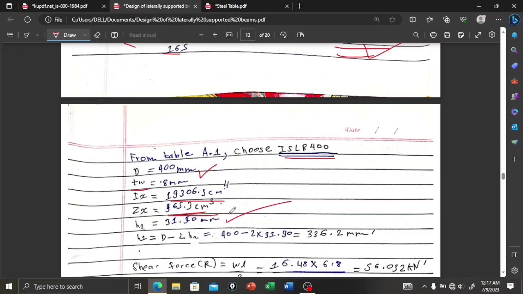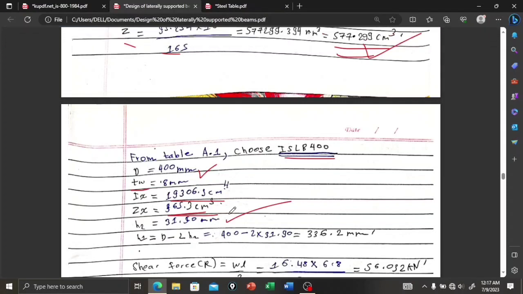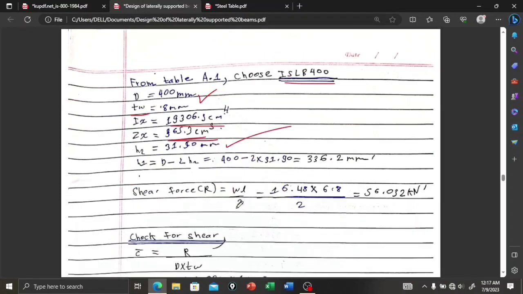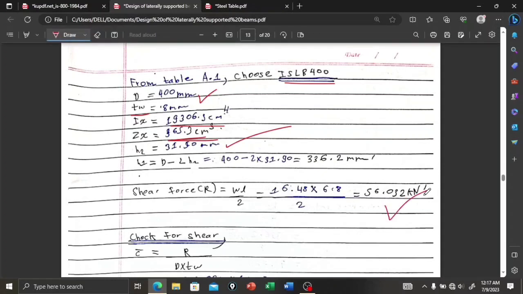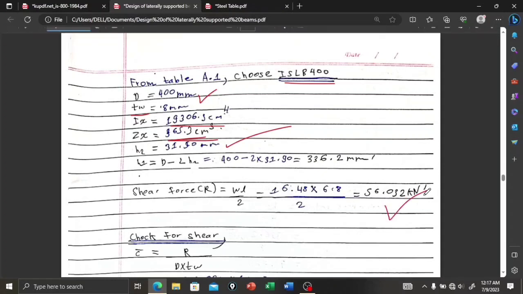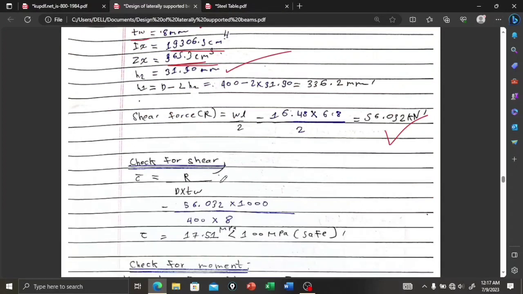r1 can also be calculated as D minus 2 r2. D is 400 minus 2 into r2 which is 31.90, that is 336.2. Shear force is WL divided by 2, 16.48 into 6.8 divided by 2, which is 56.032 kilonewton. Shear stress is R by D TW.